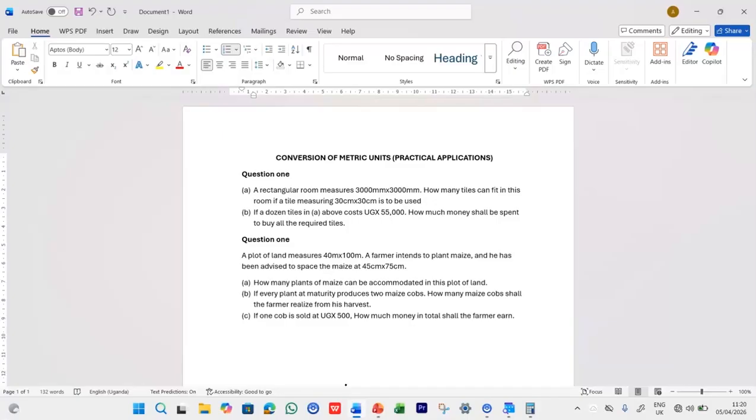Question 1. A rectangular room is measuring 3000 millimeters by 3000 millimeters.